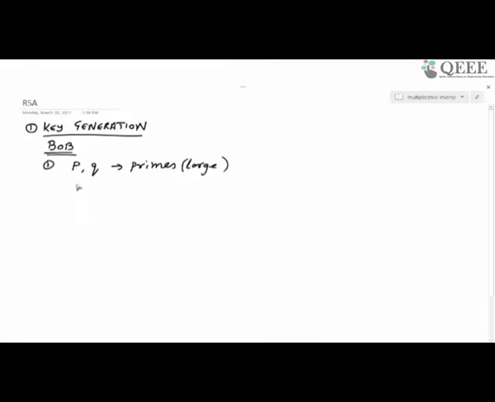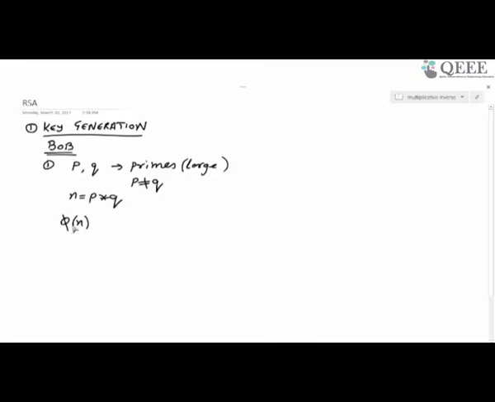Then he would take p and q, and another requirement is that p should not be equal to q. He would take p and q and compute n equal to p into q. He finds the product n of p and q, and he also computes the Euler-Totient function of n. That is, he computes phi of n.